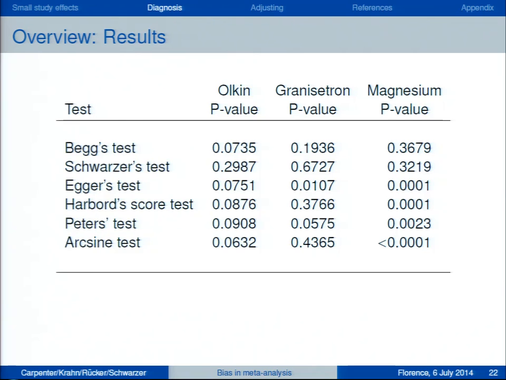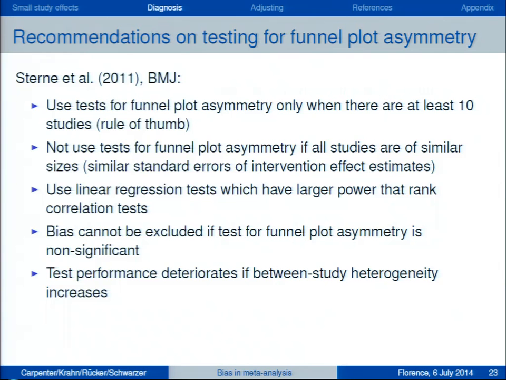And the third example, magnesium, most tests show that there is a very, very large bias, but the rank correlation tests, Begg and Schwarzer, are not sensitive for this, it seems. So this might be a problem with these tests. So there are many interpretations of this, of course, so the problem might not be solved, but we have many tests and we have many results, and we have a look at the funnel plot, so it's not that easy.